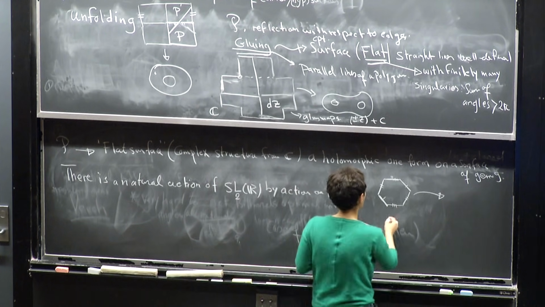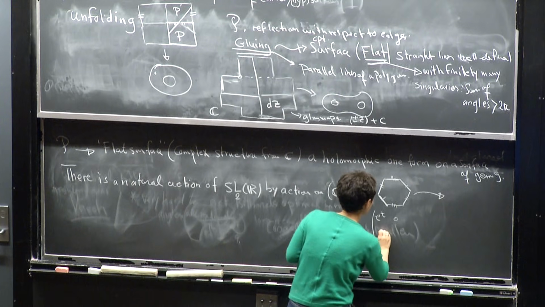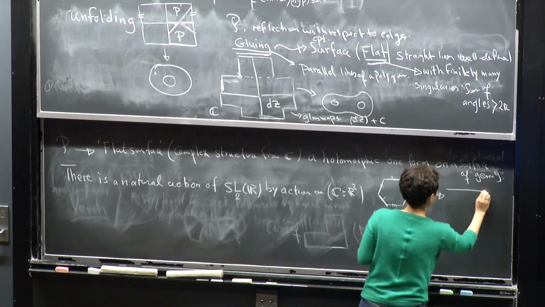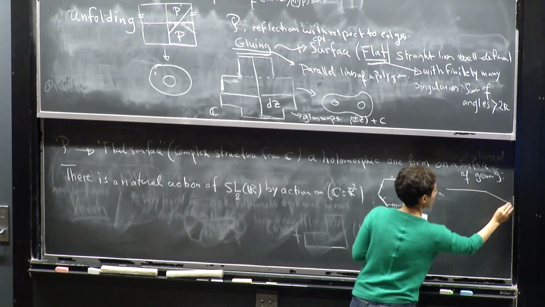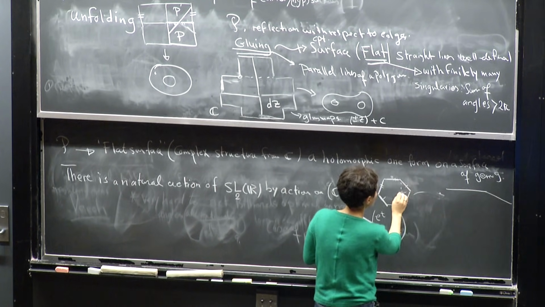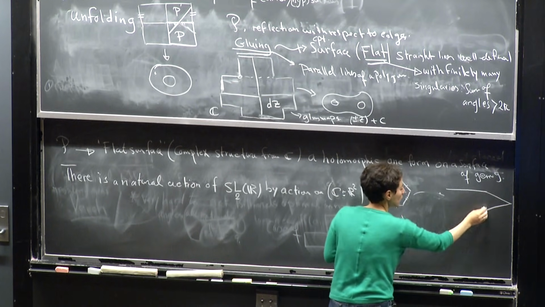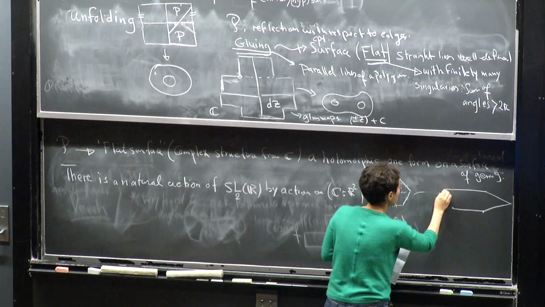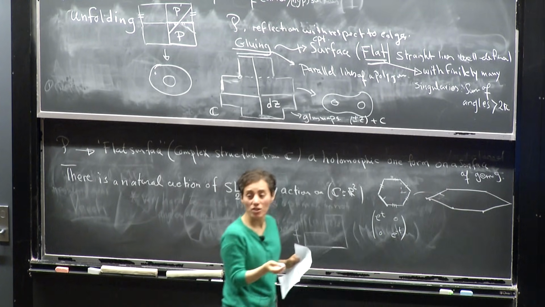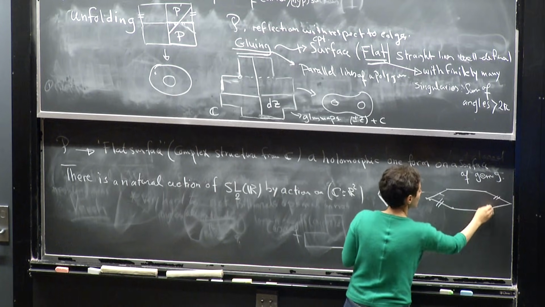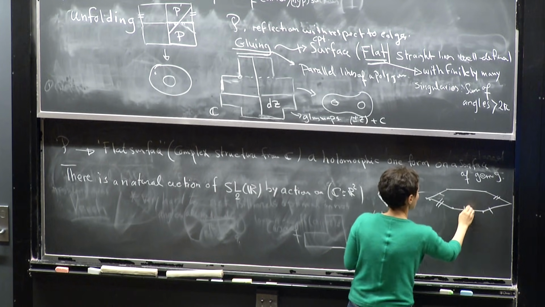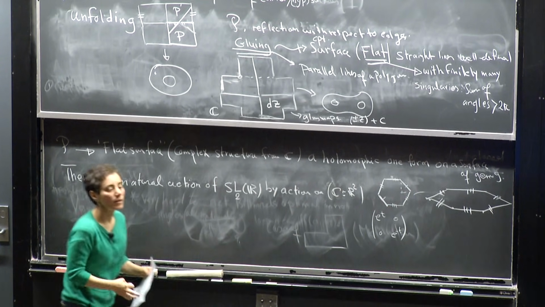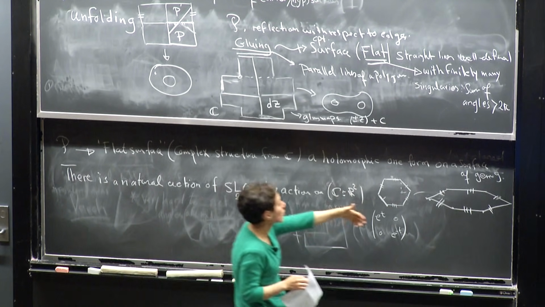You can act by the matrix e to the t, 0, 0, e to the minus t, and one side becomes long, and the other sides also become long, but basically it becomes thin and long. But parallel edges are still parallel, so you can still glue them and get another structure on a surface.